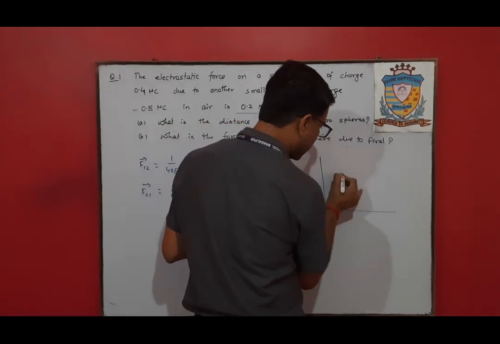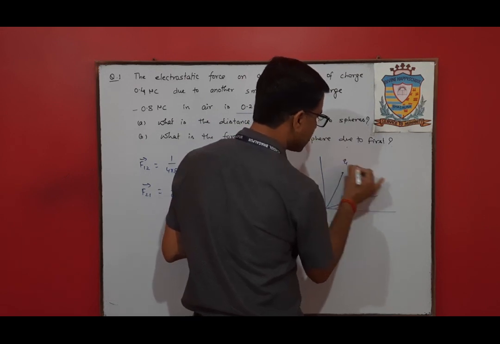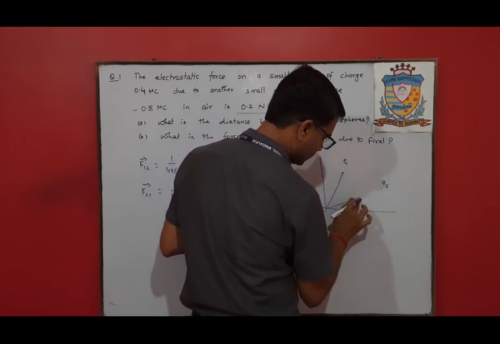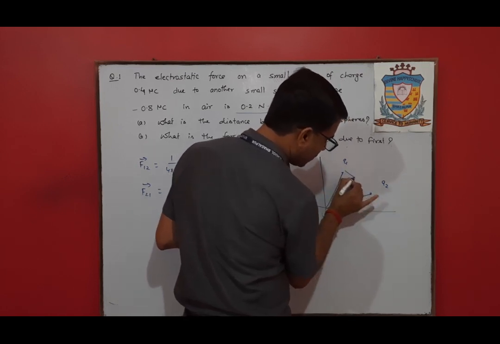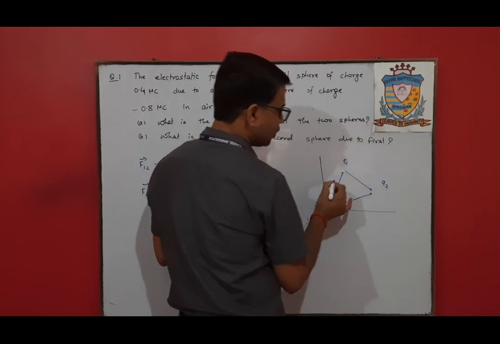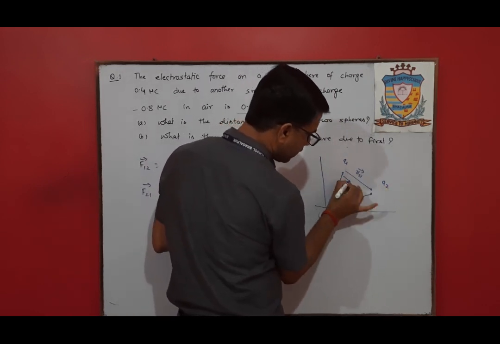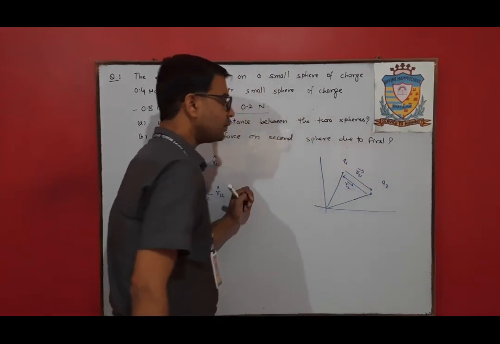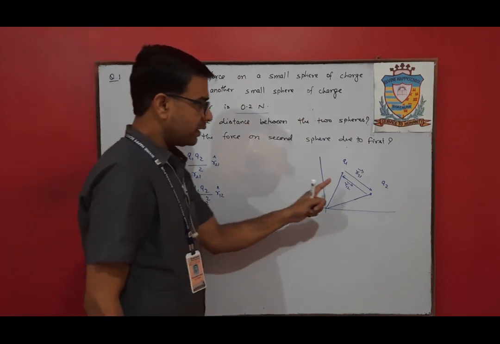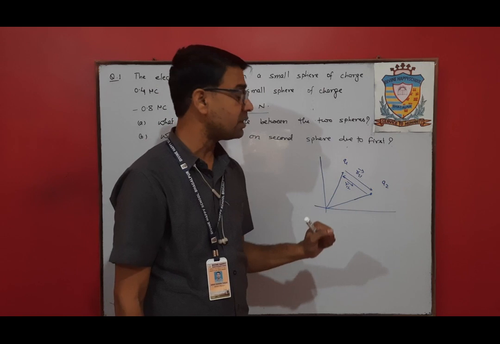Here if you see the diagram, this is the charge Q1 and Q2. So this distance is R21 and this one is R12. The magnitude of these two vectors is equal but the direction is opposite.